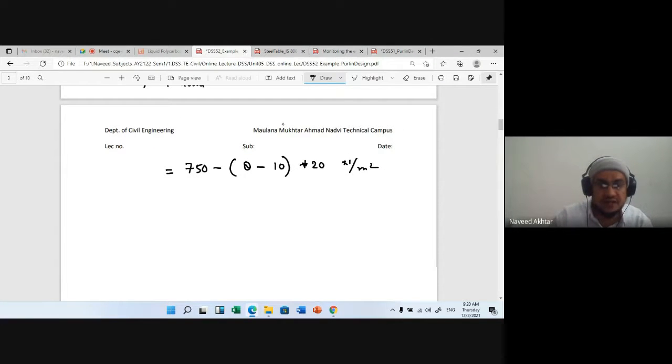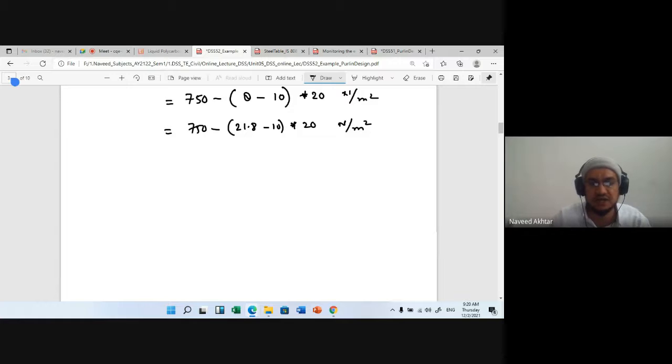So theta is 21.8 degree: 750 minus (21.8 minus 10) into 20. For slope more than 10 degree, we have to take a reduction in the live load of 20 Newton per meter square per degree above 10 degree. That's why we have the minus.